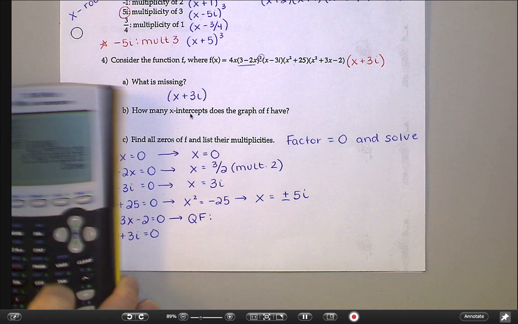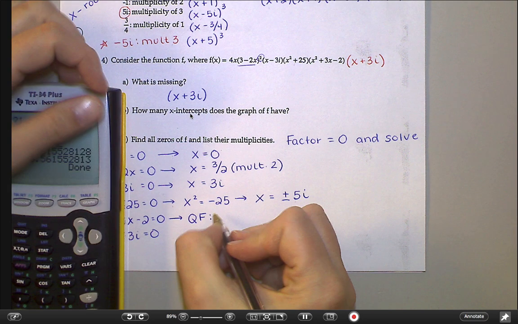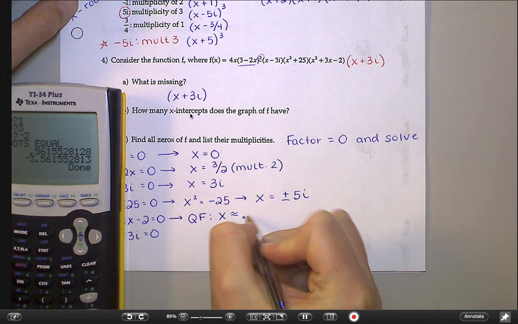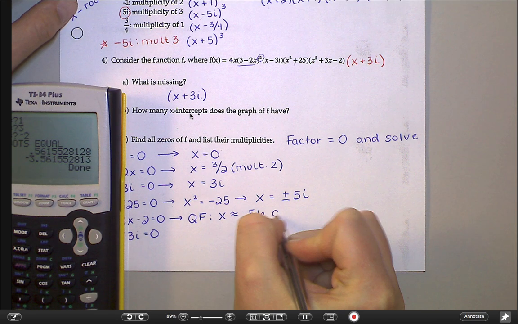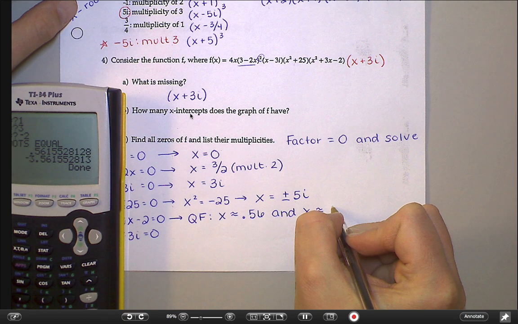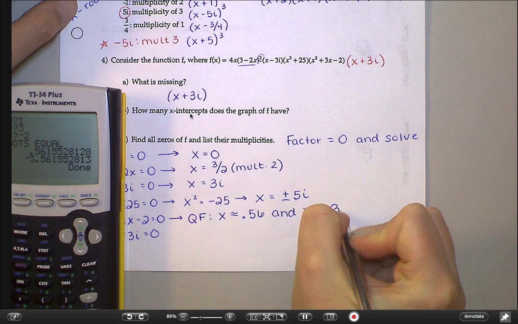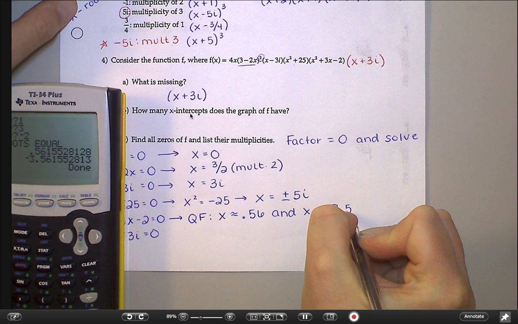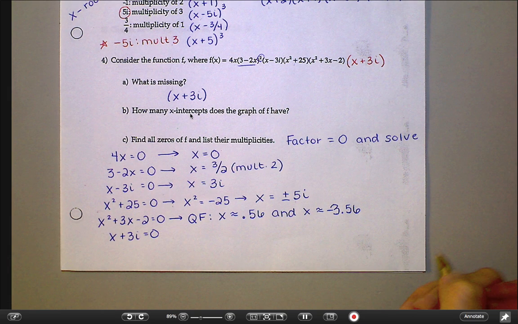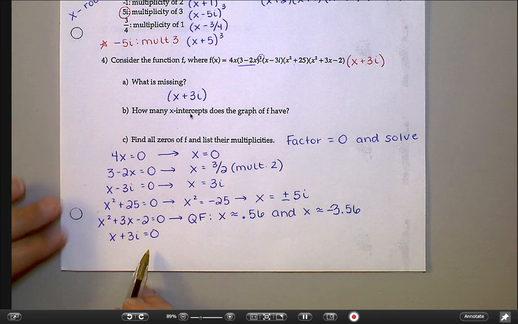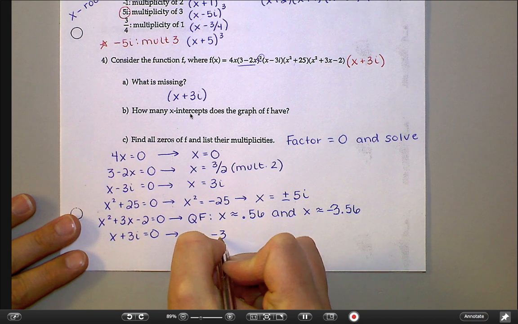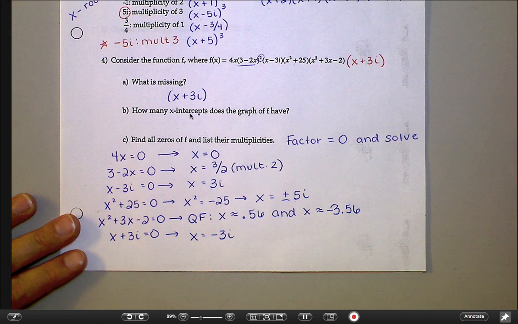I'm just going to put them down as approximations because it doesn't say I need exact answers. x is approximately equal to 0.56 and x is approximately equal to negative 3.56. And that one also did not have any multiplicities. And then x plus 3i equals 0. Slide the 3i over and you get x equals negative 3i, which is good because now this one has a partner.